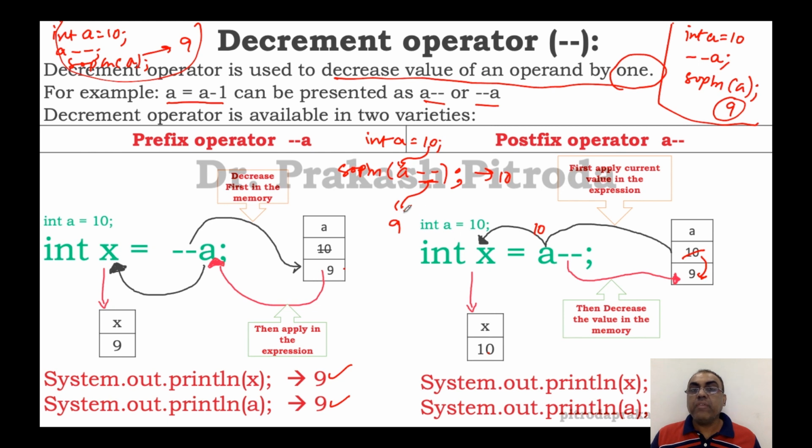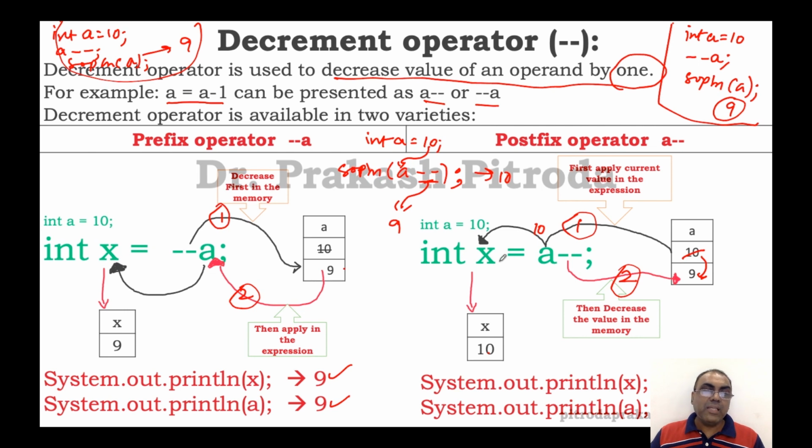So if you look at here, this is independent, this is also independent, but these are the expressions. So in an expression they have a rule: decrease first then use, that is for prefix; use first and then decrease, that is for postfix. So this is your step number 1 here, this is your step number 2. In this case, this is your step number 1, this is your step number 1. Now if you look at the arrows, you will come to know.